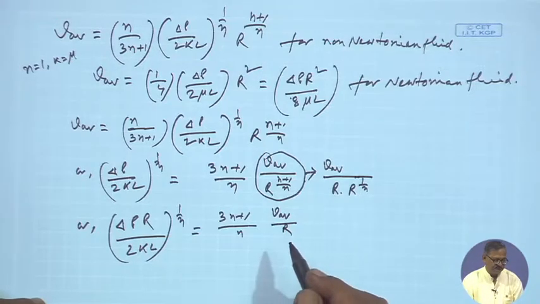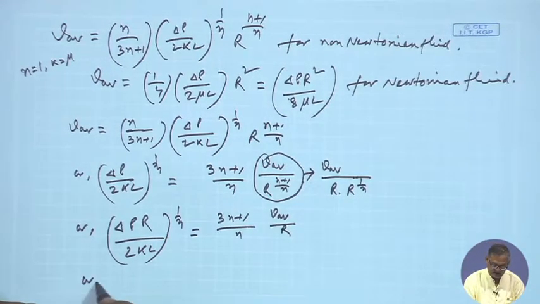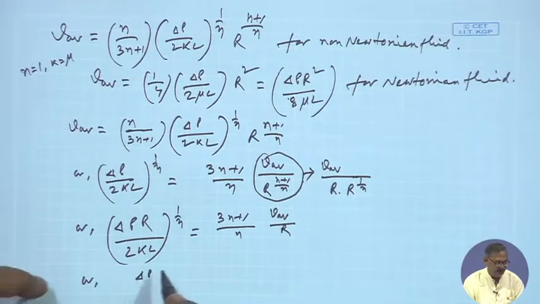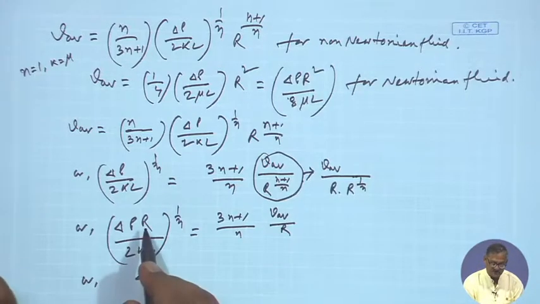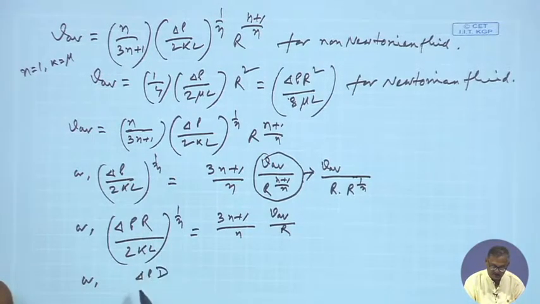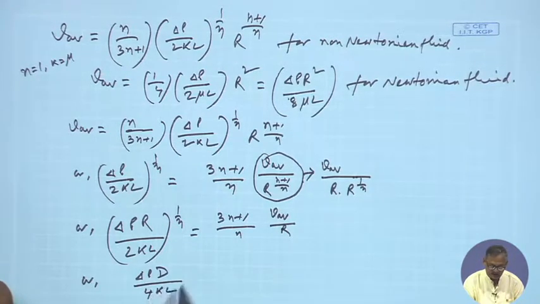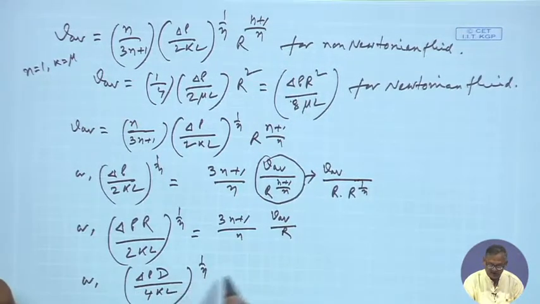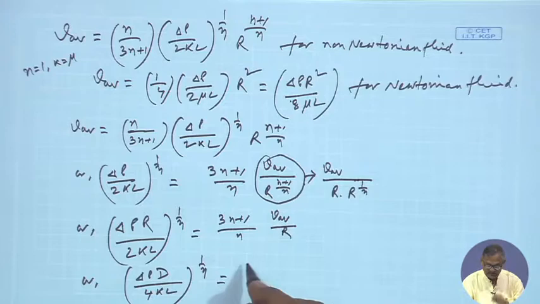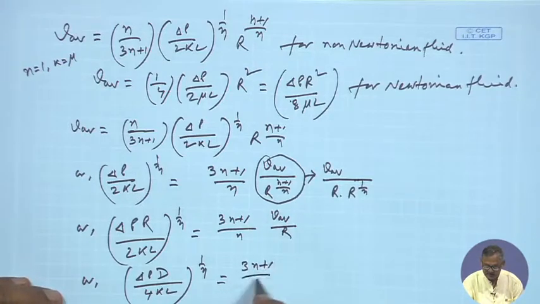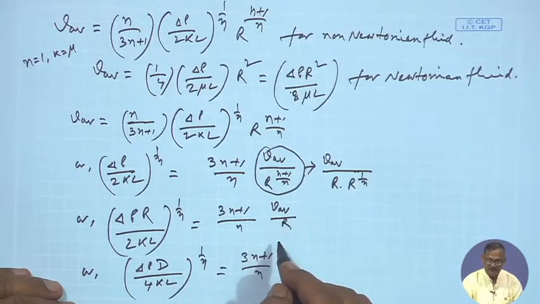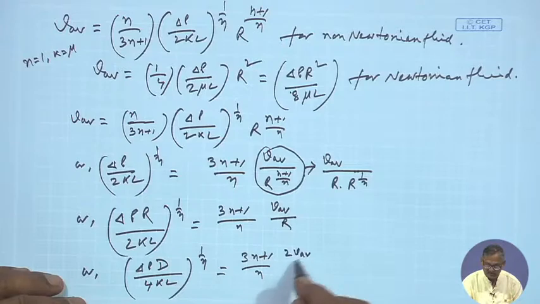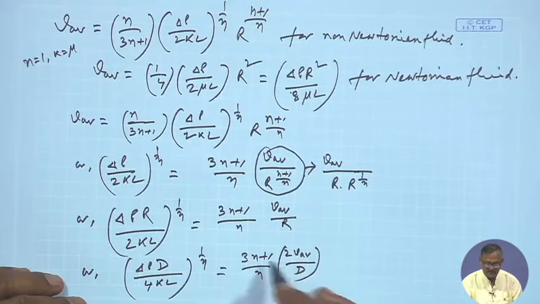So, this we can rewrite delta P R by 2 K L, or if we write in terms of D, that is R equals D by 2, that is delta P D by 4 K L whole to the power 1 by n. This is equal to 3n plus 1 by n, and if we convert, R is D by 2, that is 2 V average divided by D, right.